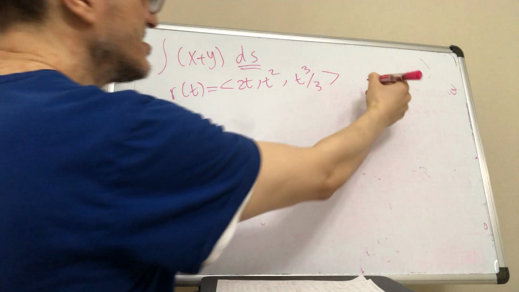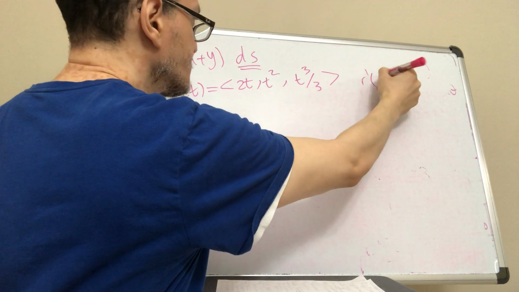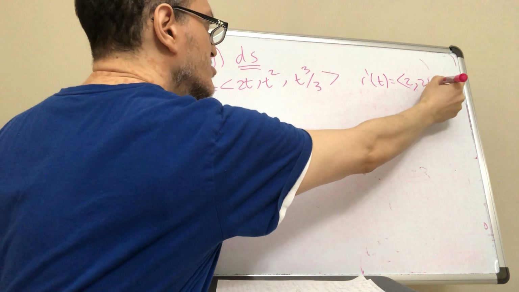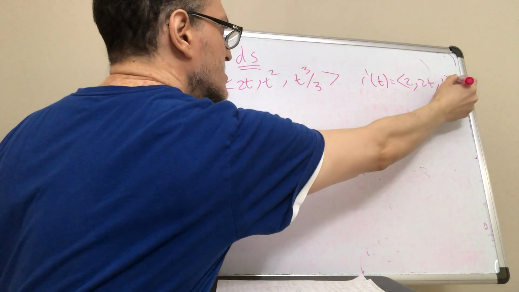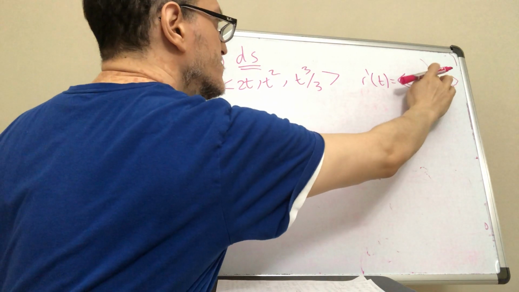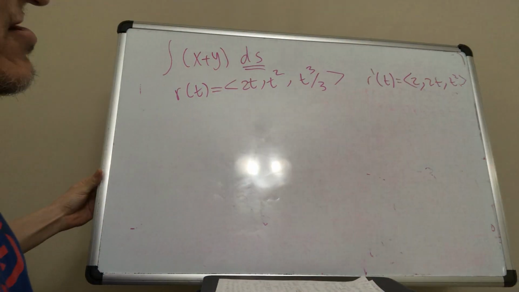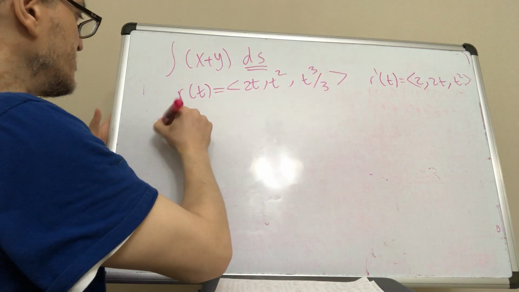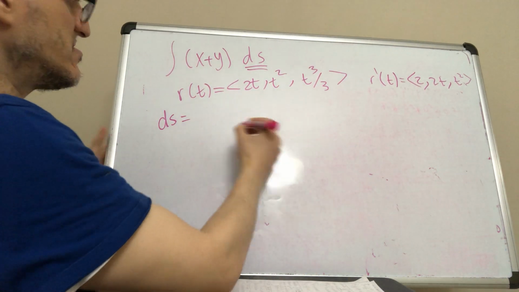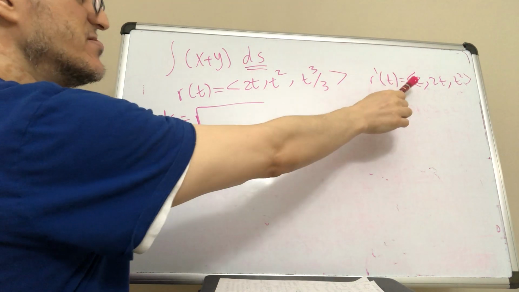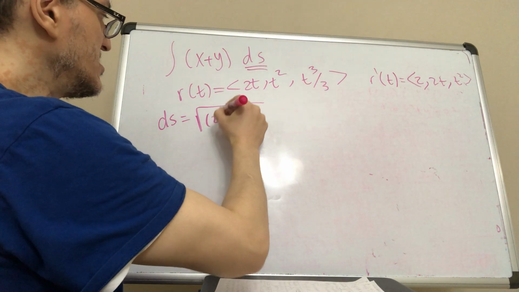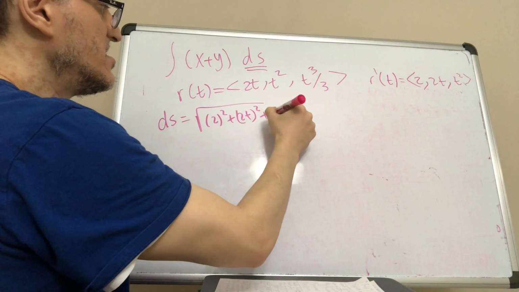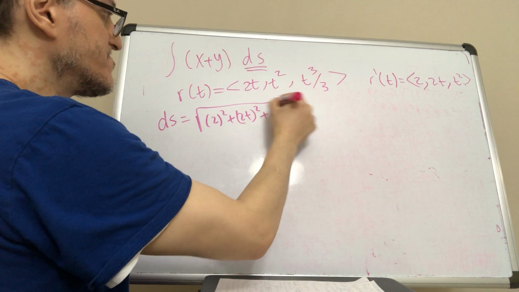So right away I need to find the derivative, which is 2t, and t squared. Okay, so we found the derivative. And from the derivative, I can figure out my ds. ds would be the magnitude. So 2 squared, 2t squared, and t squared squared.